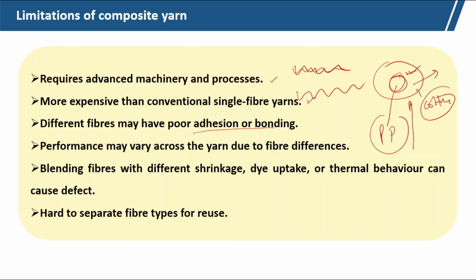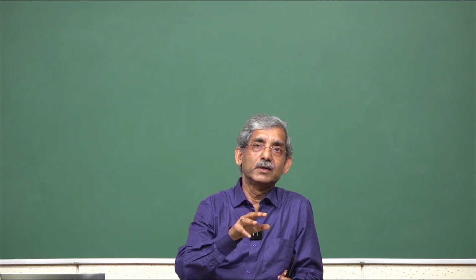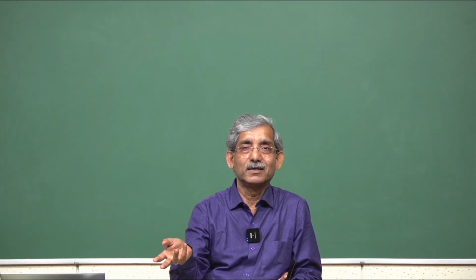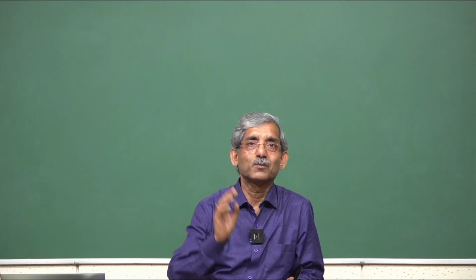Hard to separate fiber type for reuse, that is the main problem of any composite product. Suppose we are using polypropylene and cotton. Now, we want to reuse this yarn, we want to extract cotton from that yarn, which is not possible.